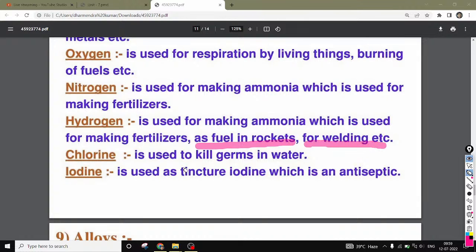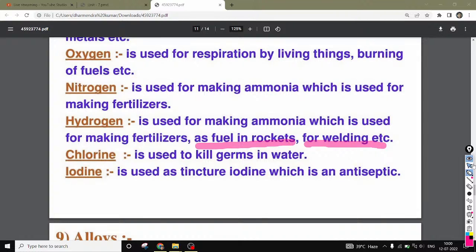And similarly chlorine is used to kill germs in water. If you have dirty water and you want to drink it, you can use a chlorine tablet. If you put that tablet in the water, all the dust and dirt settle at the bottom, so you can easily filter that water and use it for drinking. Chlorine not only helps filter the water but also kills the germs.